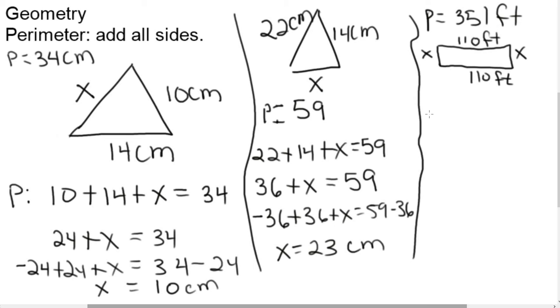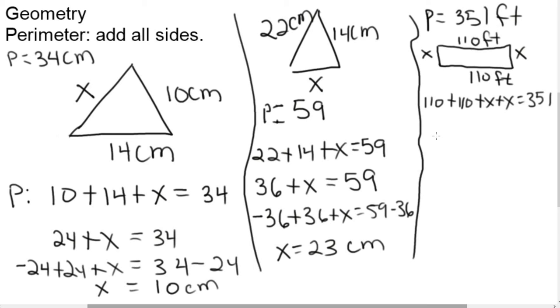And in the perimeter, the simplest way is just to add all sides. So we know the perimeter does equal 351. I have 110 plus 110 plus x equals 351.